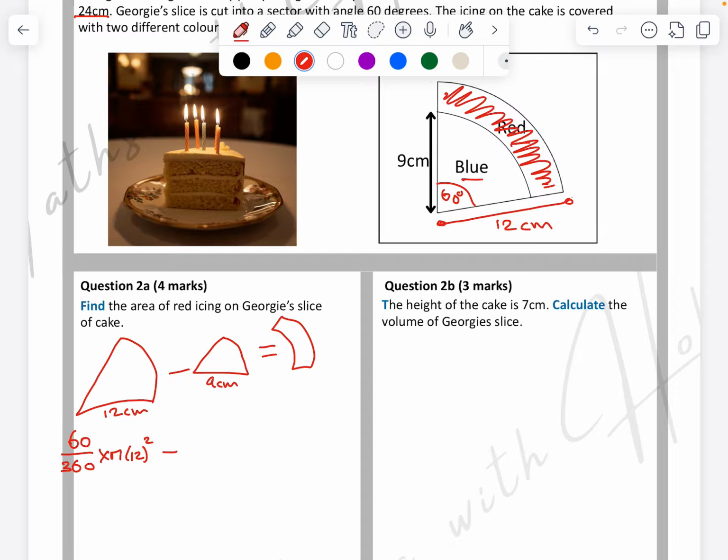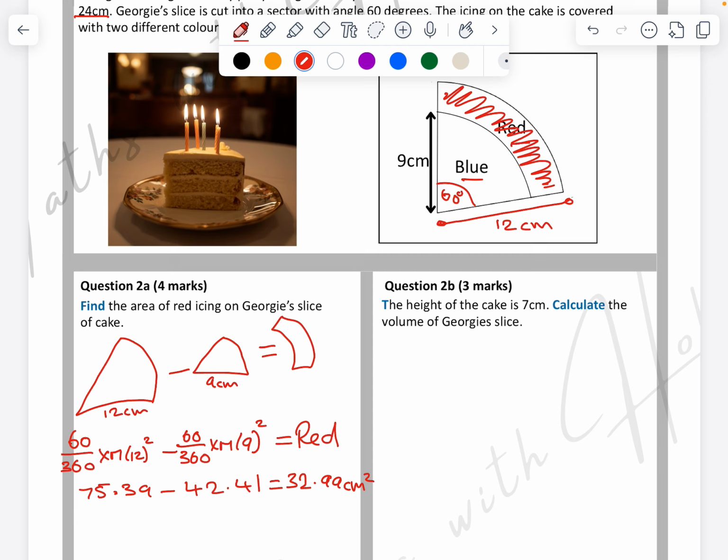Then we take away the blue sector, which is 336 over 360 times pi times 9 squared. That's going to give us the red section. If we work that out, we have 75.39 subtract 42.41, and the answer for this question is 32.99 centimetres squared.